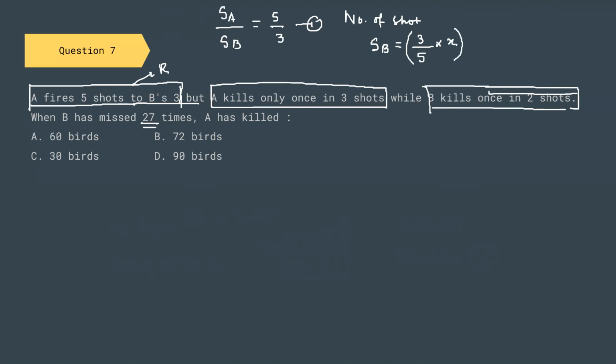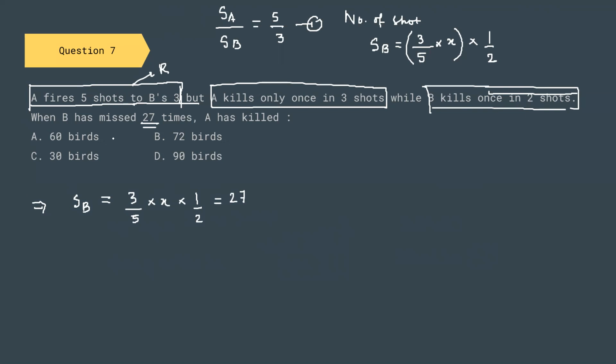And from this total number of shots taken by B, B kills once in 2 shots. So I can say that B has missed half of his shots. So I can write that as 3 divided by 5 into X into half equals 27. Why 27?